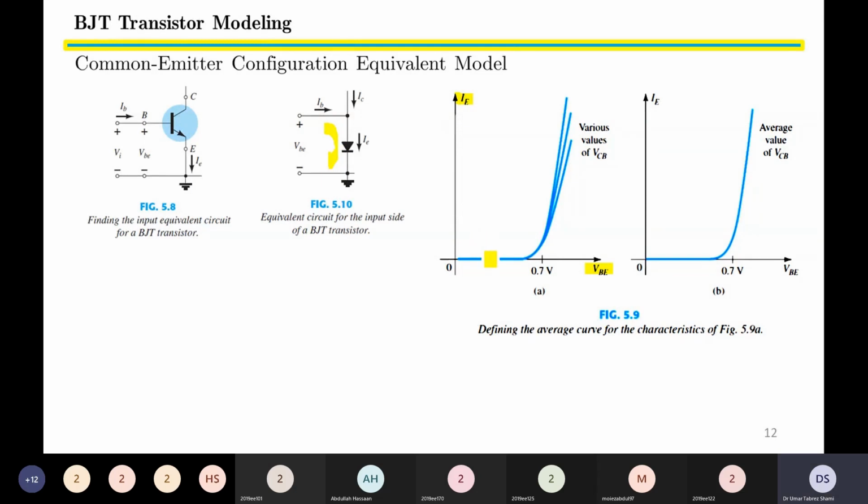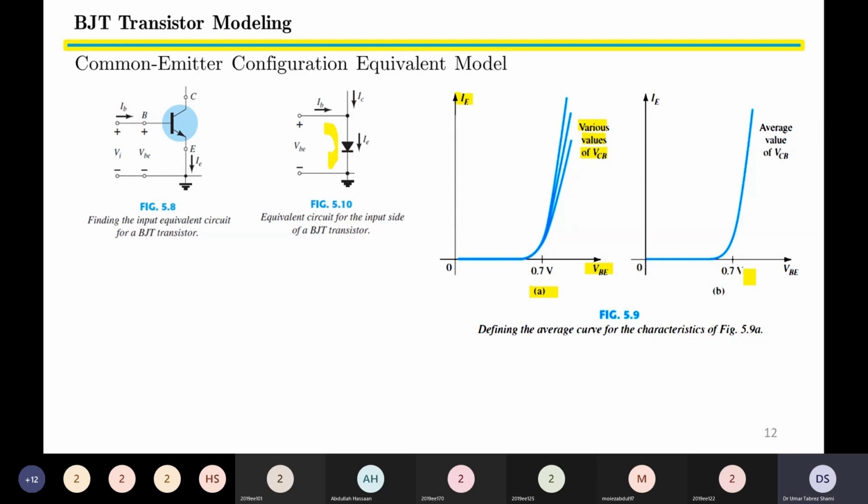The first diagram, diagram A, shows various graphs for various values of collector base voltage.